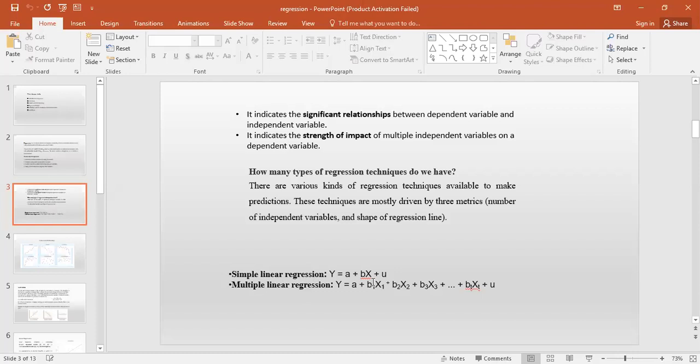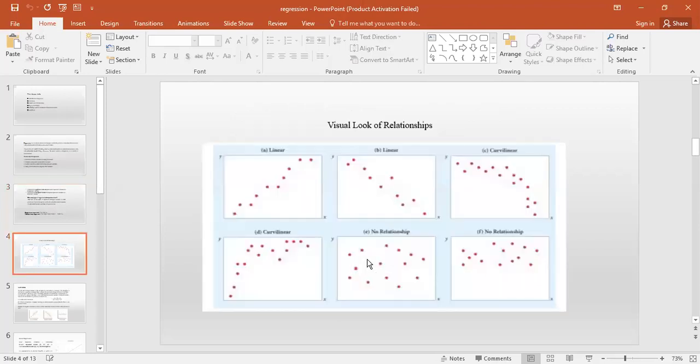Simple linear regression is where we have only one independent variable and one dependent variable, whereas multiple linear regression has multiple independent variables and one dependent variable. The main thing is we need to get a best curve, so we'll deal with this further after the regression.